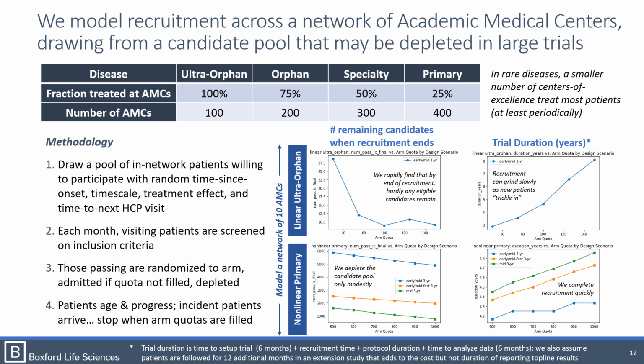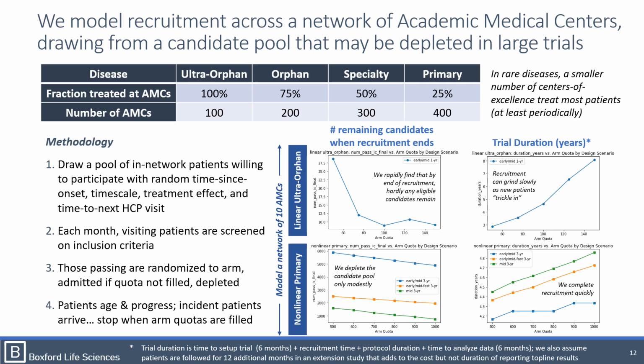For recruitment, we assume that we're going to be drawing patients across a network of academic medical centers, and in the smaller diseases, we assume that these academic medical centers are both fewer in number and collectively treat a greater fraction of the prevalent population. And this is what we see oftentimes in rare diseases, where you might have relatively small numbers of centers of excellence, where patients go not all the time for routine medical care, but maybe once or twice a year for a checkup and to get their treatment plan modified.